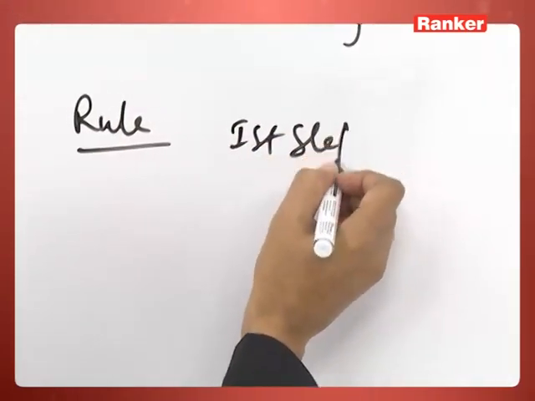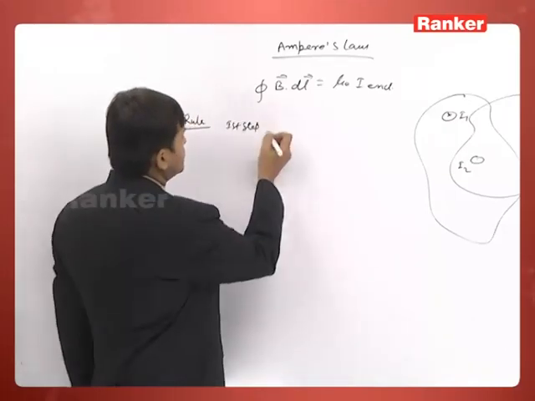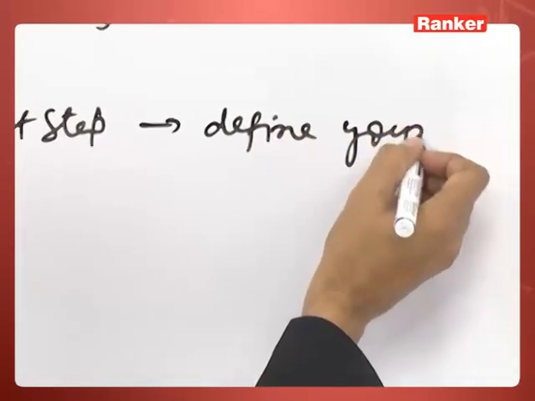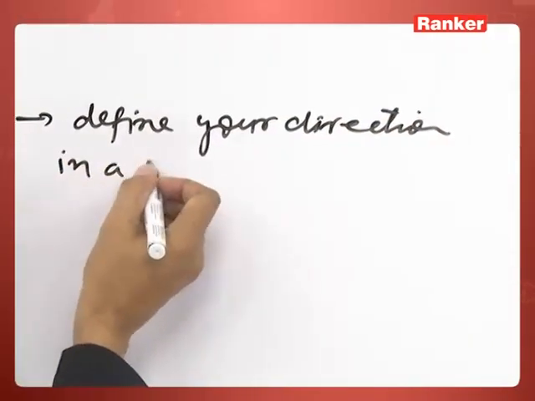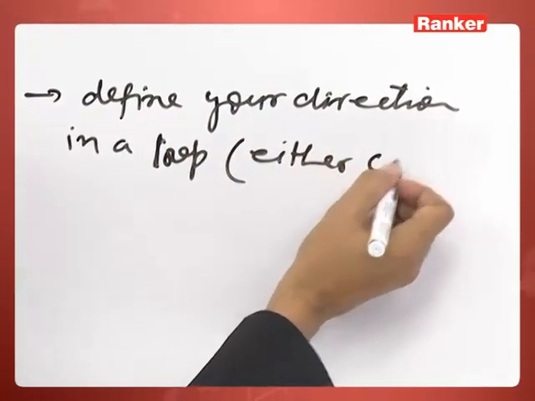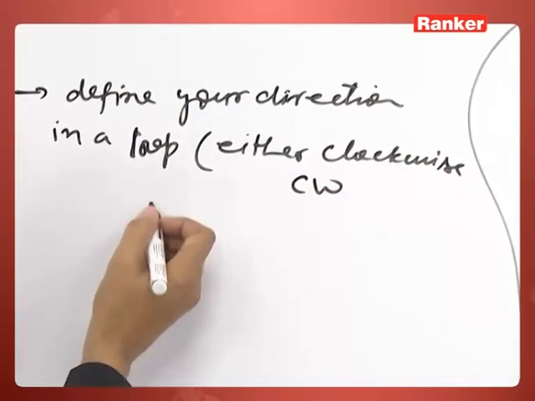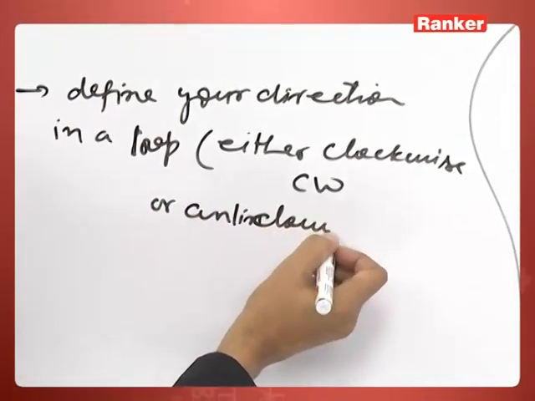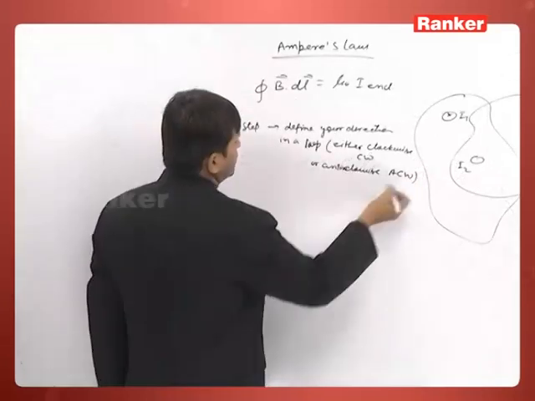The first step: define your direction in a loop. In a loop, your direction means either clockwise, CW, or anti-clockwise, we can say ACW.